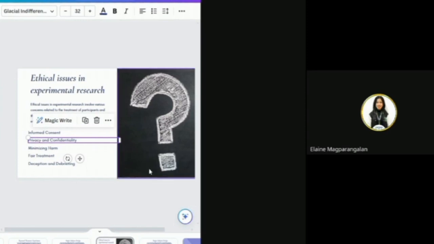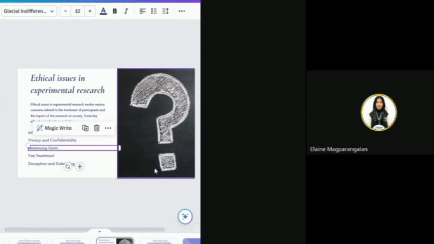Okay? Now next one is we have harm and risk, or minimizing the harm. So in conducting our study, we have to be cautious of any potential physical or psychological harm that participants might face during the study. So we have to minimize risk as much as possible dito, no?